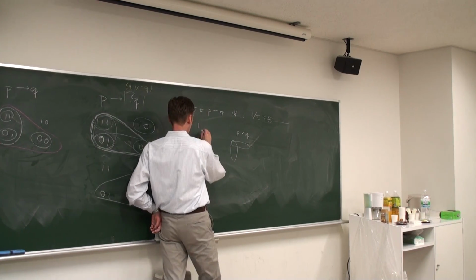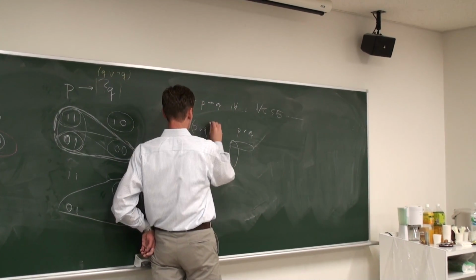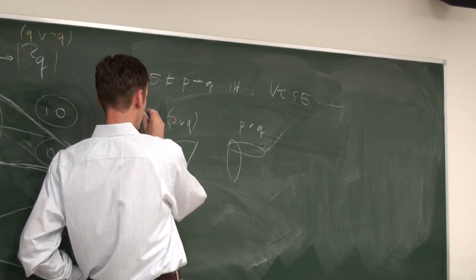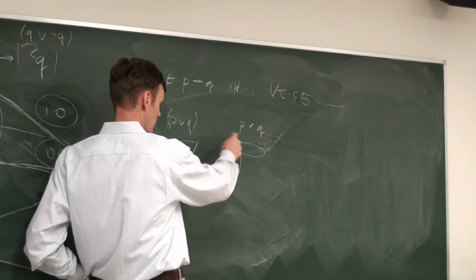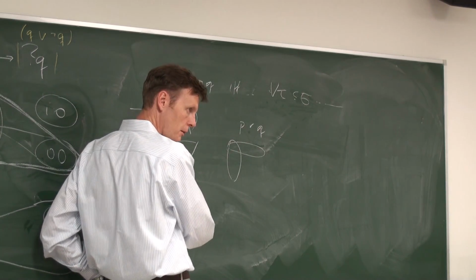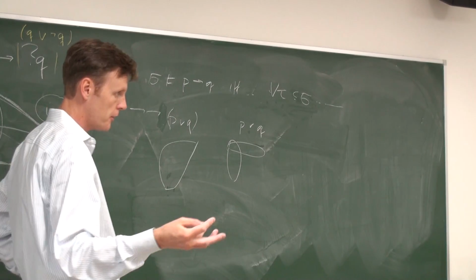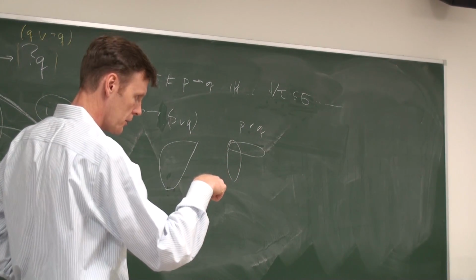And then I had P or Q, which was this. I think also the double negation of this guy gives you the flattened version. So there are various ways in which you can lose the alternatives.